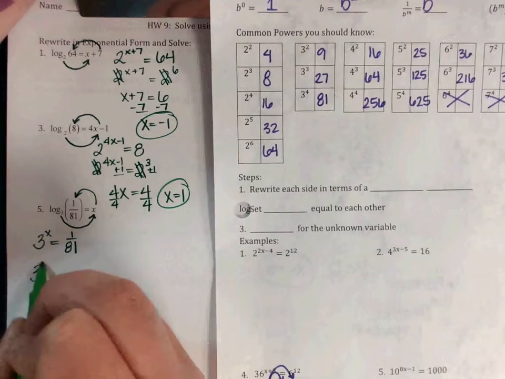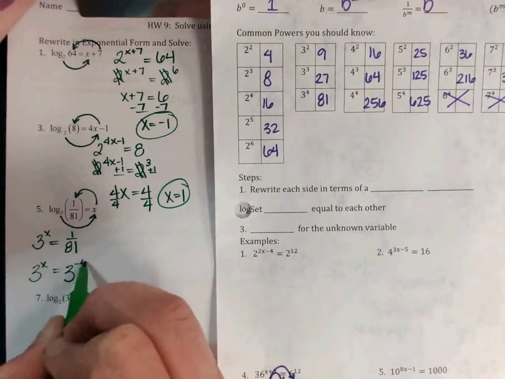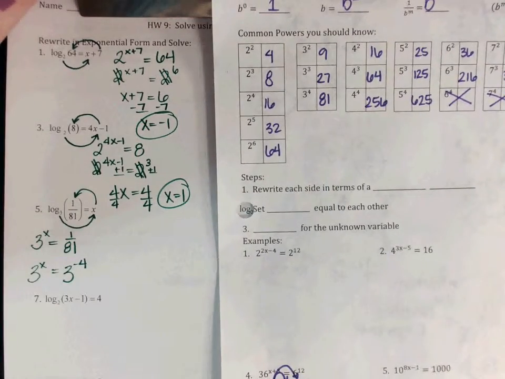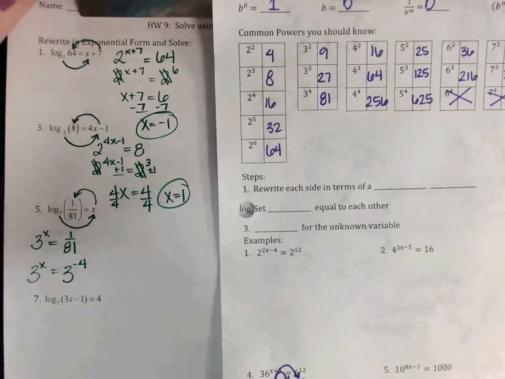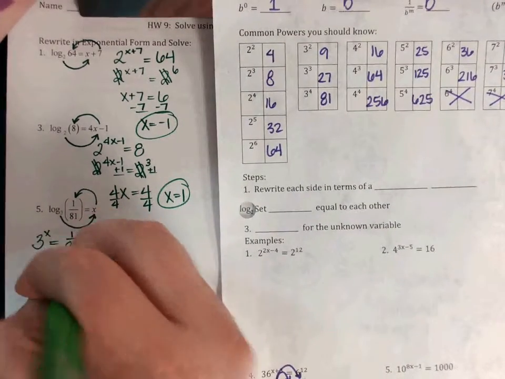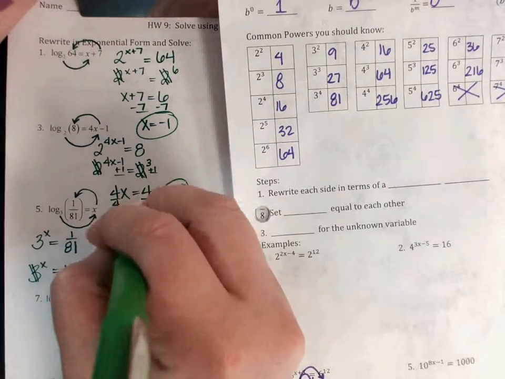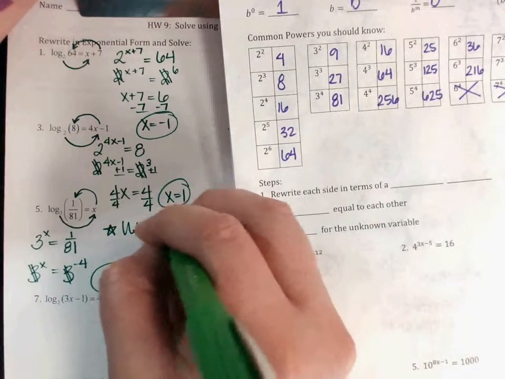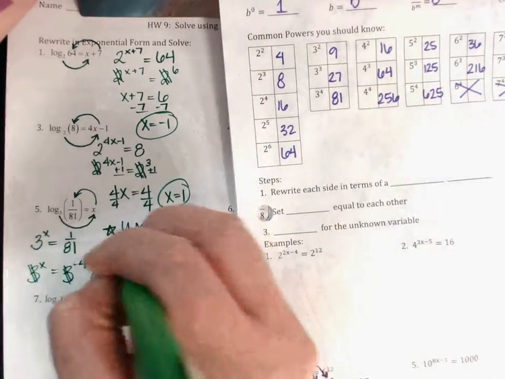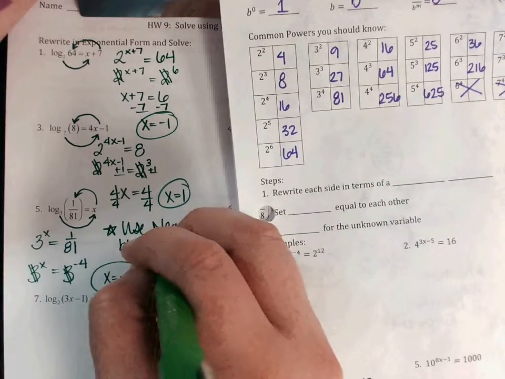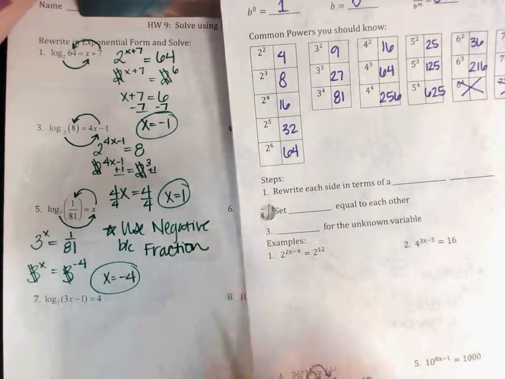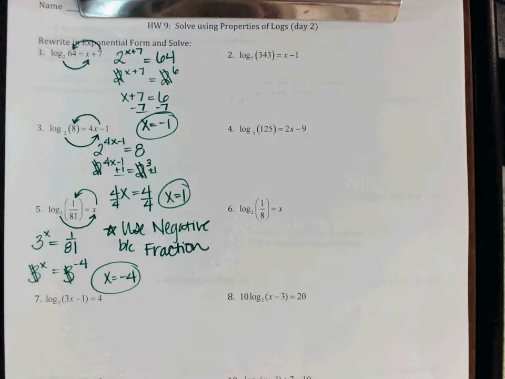So it'll be 3 to the x is 3 to the negative 4. Cross out your 3's, x is what? Good. Now, in case you think you need a little note here, I'm going to put use negative because fraction. Which isn't really a very good sentence, but you get the idea. If it's a fraction, you have to turn your exponent negative.